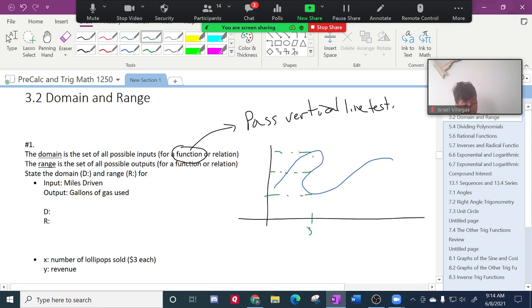If it has more than one output, so a function also has this: each input has exactly one output.